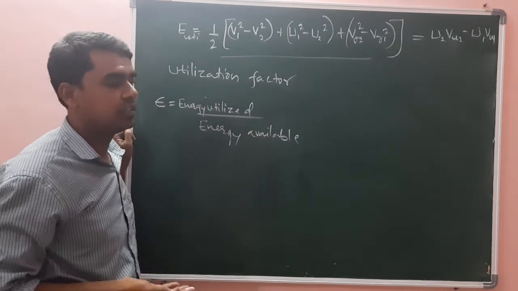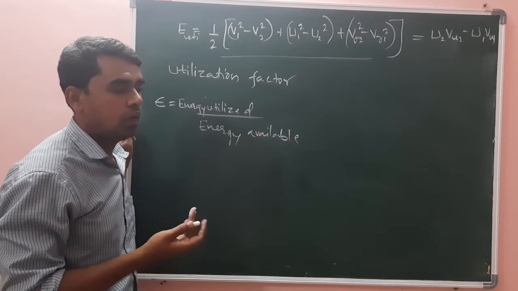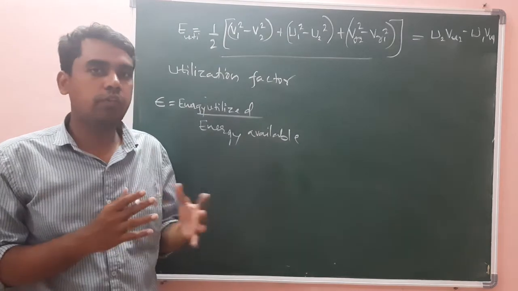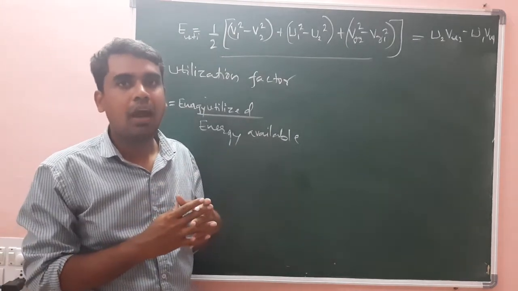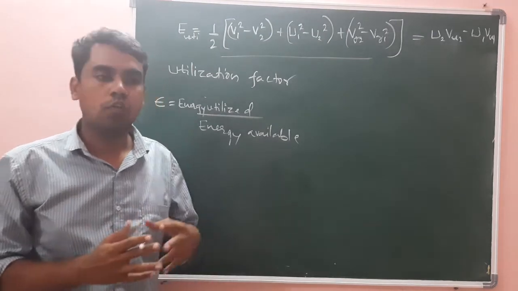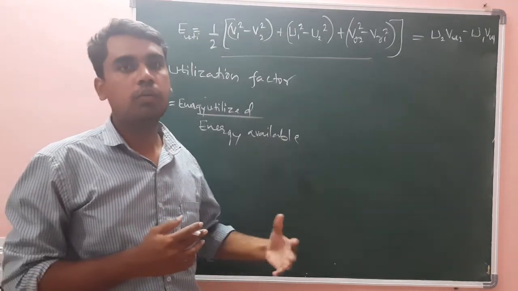The maximum energy from the turbo machine which we get is when the fluid leaves the turbine at zero velocity. But practically it does not happen. Fluid cannot leave the turbine with zero velocity.